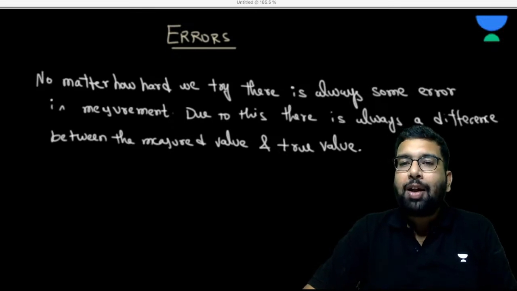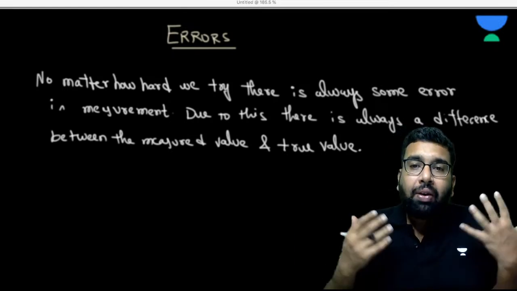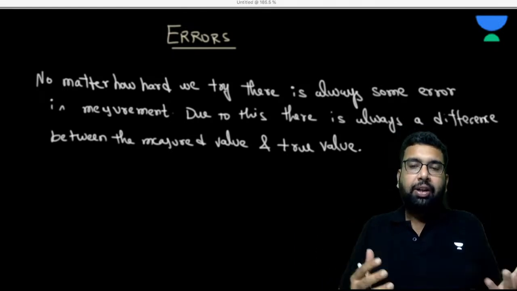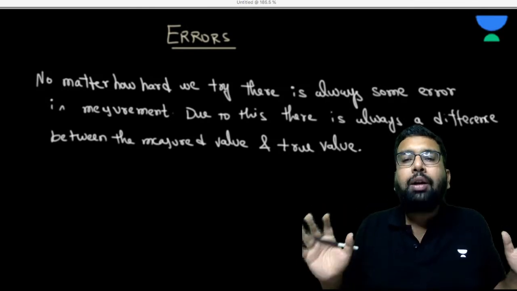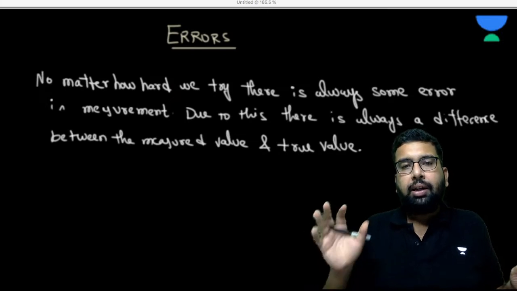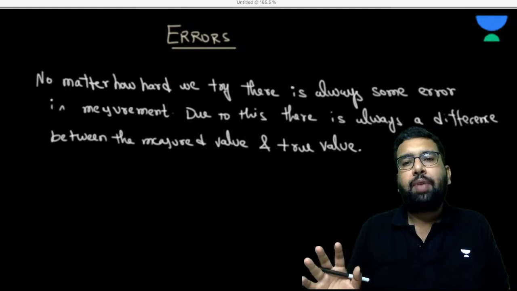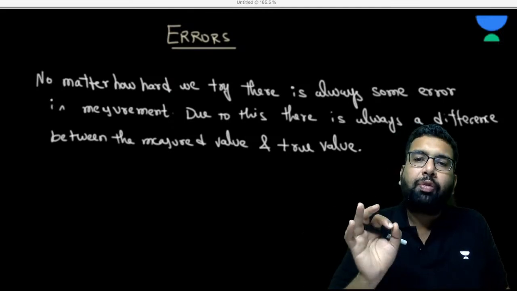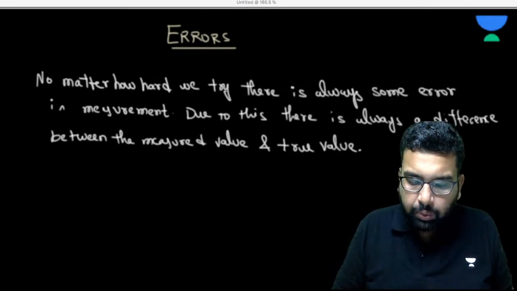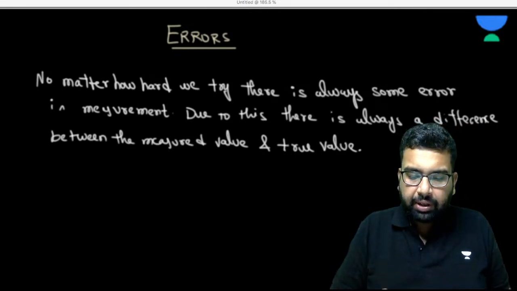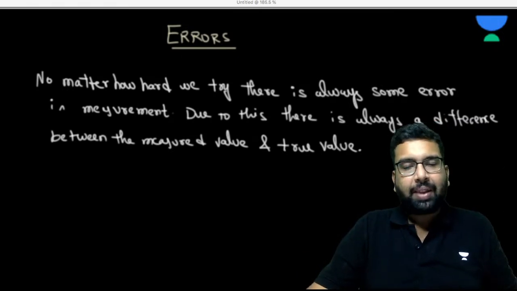So there is always some difference of the measurement from the true value, and this gives birth to the world of error.